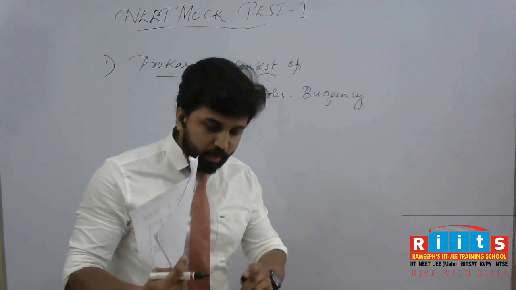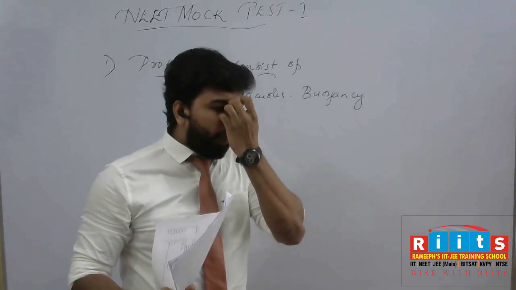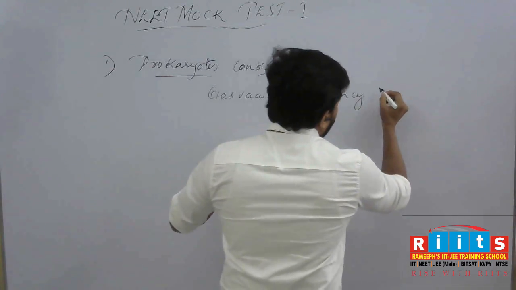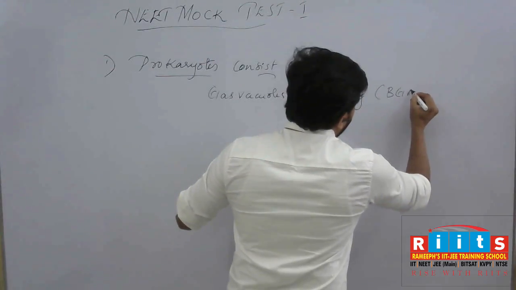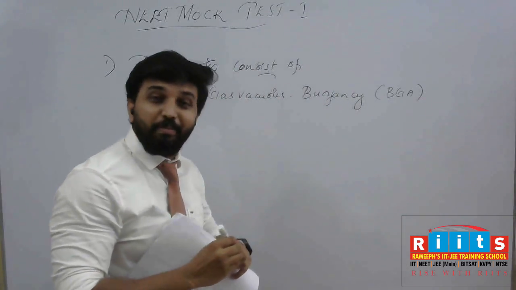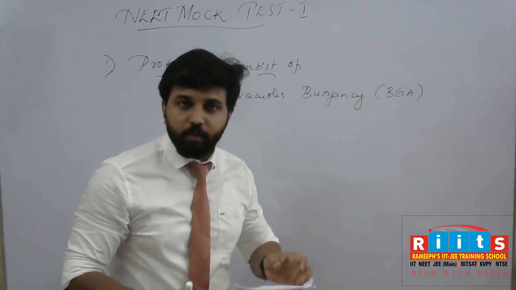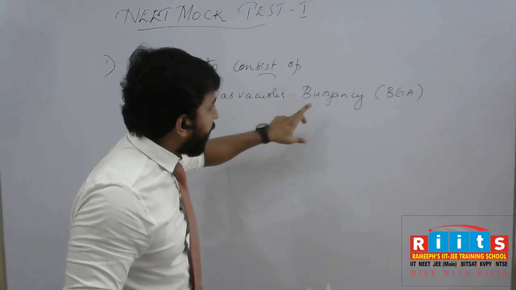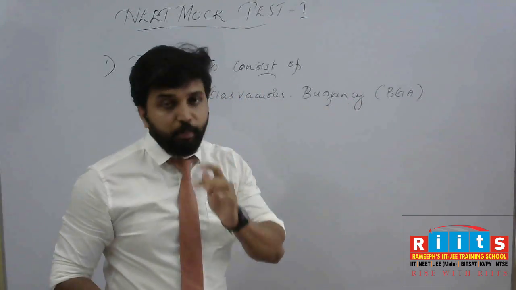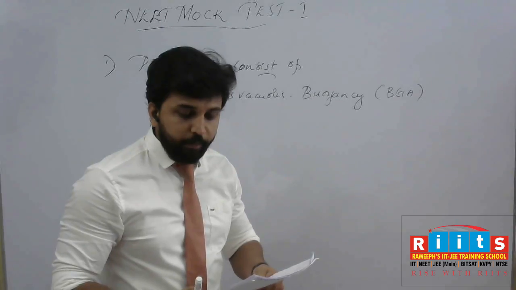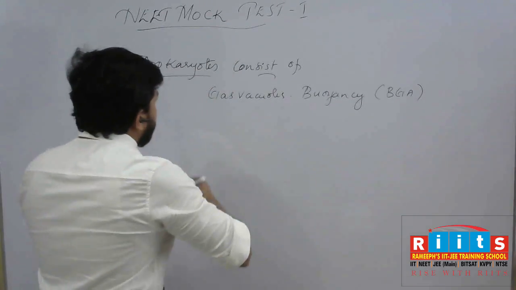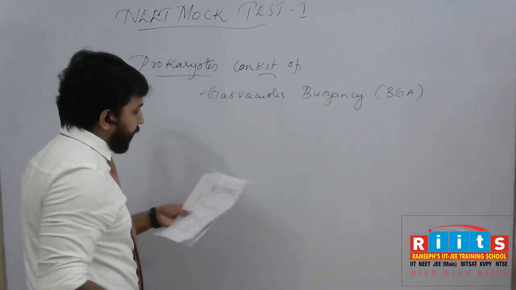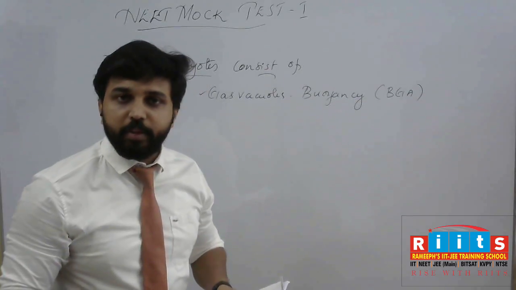We already know that in the case of certain blue-green algae, that is BGA, the gas vacuole is meant for buoyancy. So the first option in the box, the gas vacuole, is present in prokaryotic cells.